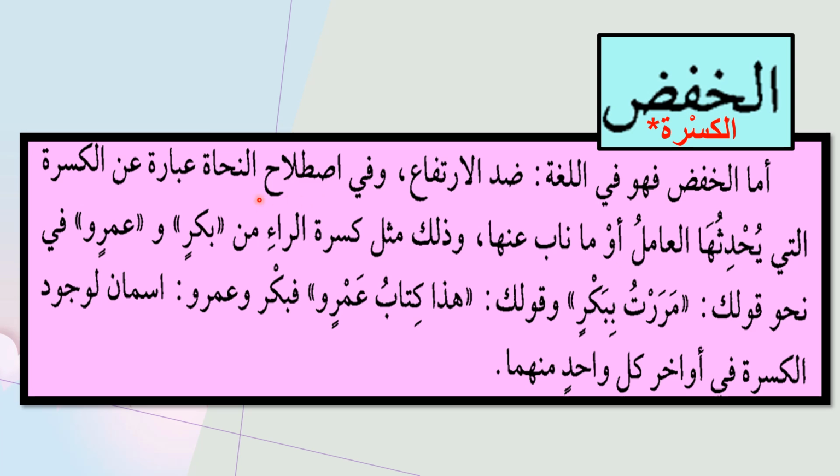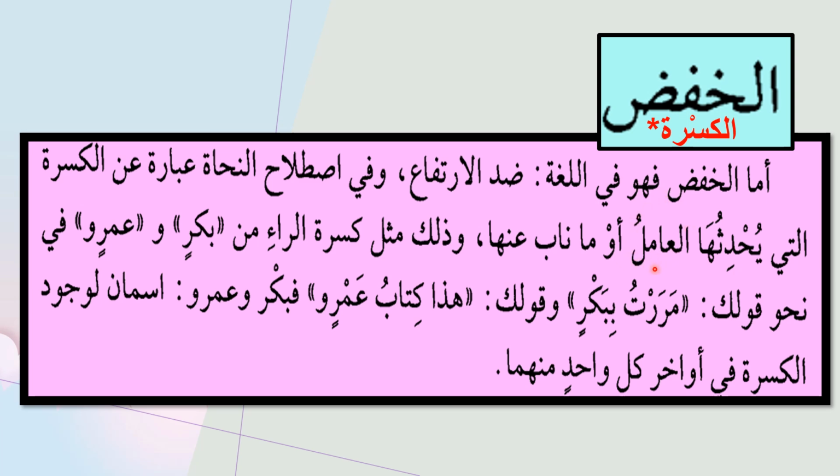In the grammatical terms, how it is explained: the explanation about the kasra is that which the amil brings about. The amil is one of the reasons that something has come and made the noun take a kasra.